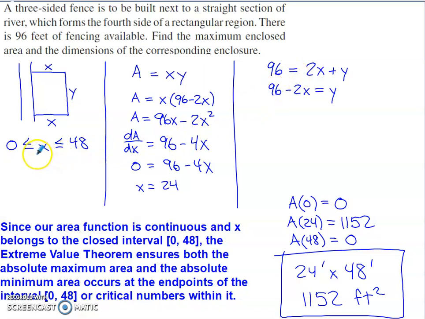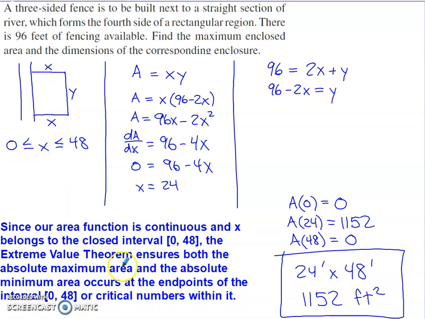I can make x 0 and use all 96 feet of fencing to build the side that's labeled as y, or I can build the two x's with all 96 feet of fencing and have the maximum value for x be 48. Now it should be pretty obvious if I use all the fencing to build the one y, or if I use all of the fencing to build the two x's, I'm not going to get the maximum enclosed area. But here's the benefit to having this interval.